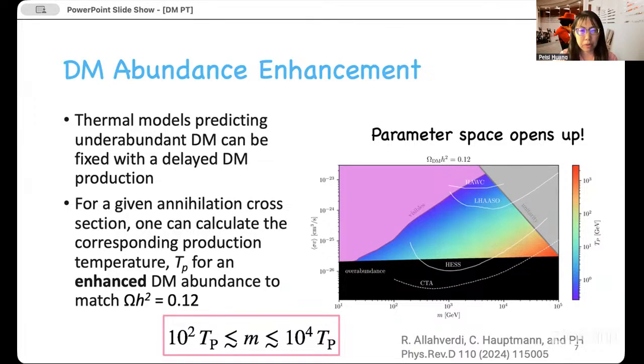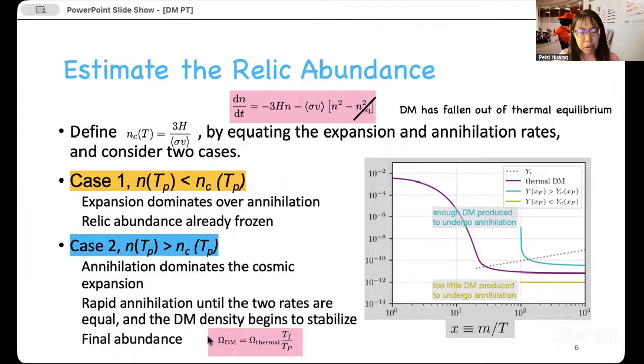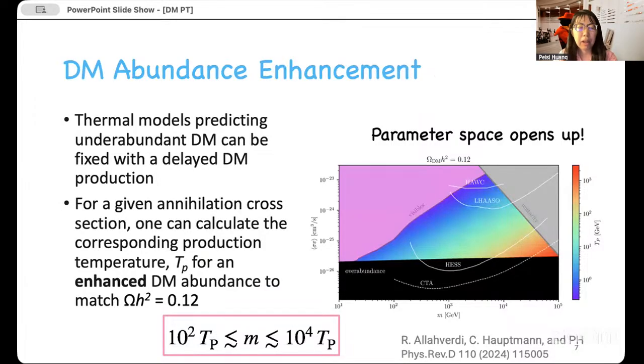Again, we use this equation right here: the abundance is enhanced by the ratio of freeze-out temperature divided by phase transition temperature. We found that typically the dark matter mass over the phase transition temperature is in the range of 100 to 10,000.